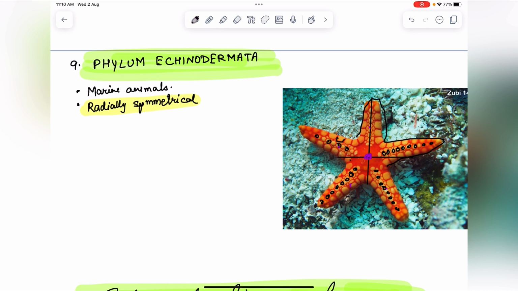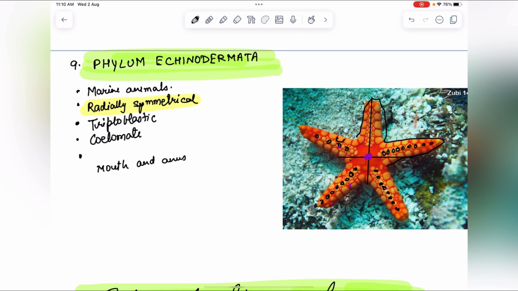Their body is triploblastic. They are coelomate. In Echinodermata, the digestion will be complete. When we say the digestion is complete or incomplete, when both mouth and anus are present, then digestion is complete.